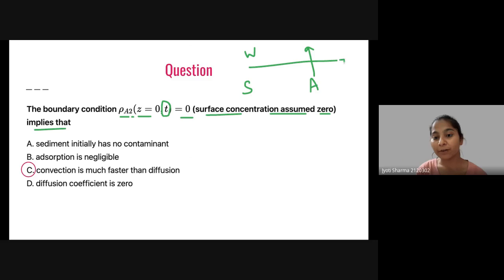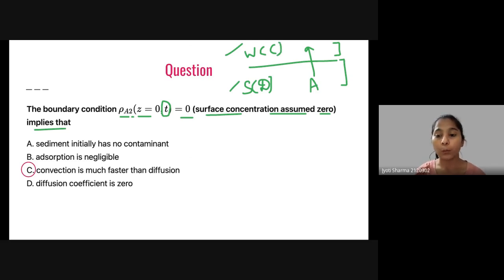So there is some flux at the sediment side and at the water side, and because there is no accumulation, what we are saying is that flux at the sediment side will be equal to the flux at the water side. And what we have learned is that flux in the sediment side is due to diffusion and flux in the water side is due to your convective flow, right?